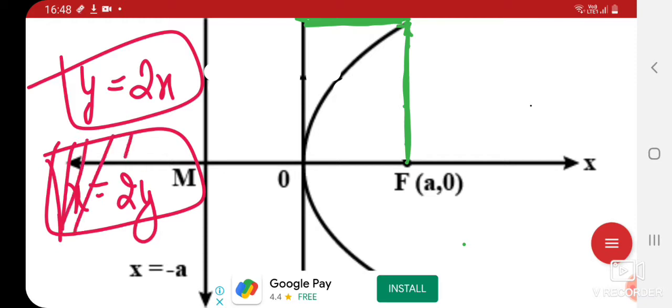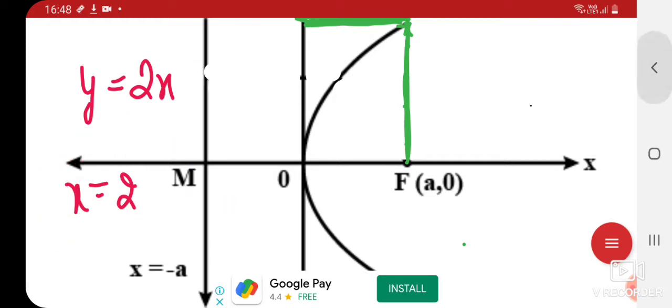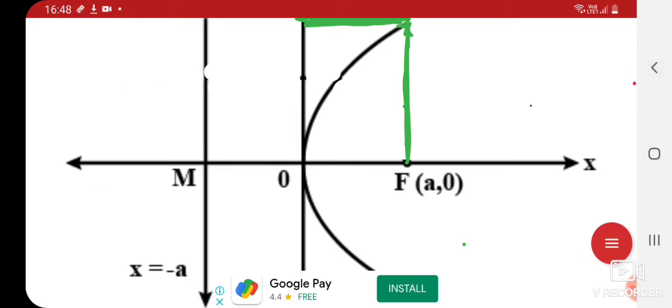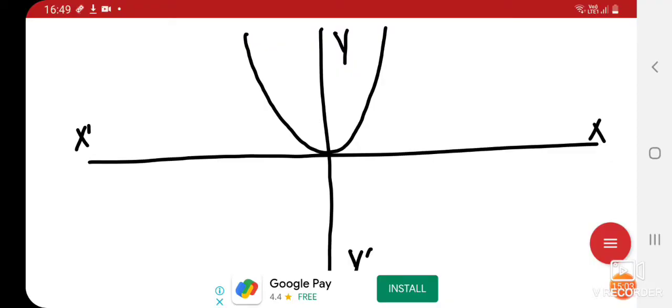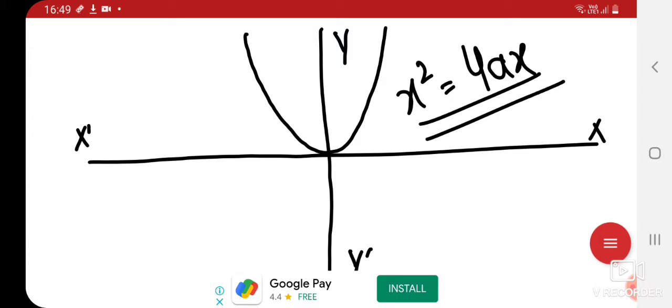These two equations are not equal, but this equation can be true when, like I am drawing a graph, when you have this graph, here you can see that x square is equal to 4ax.